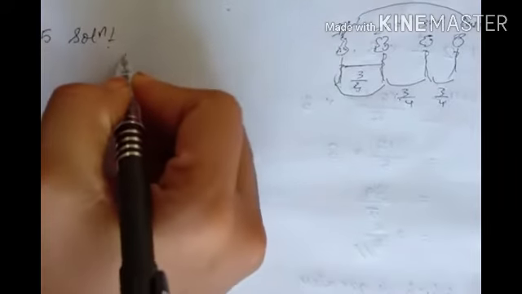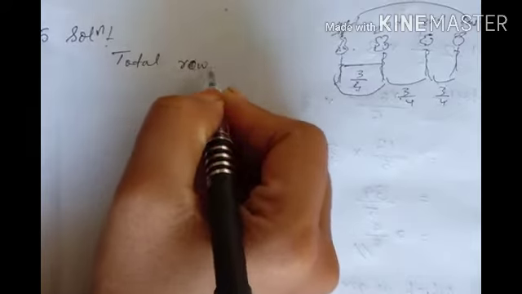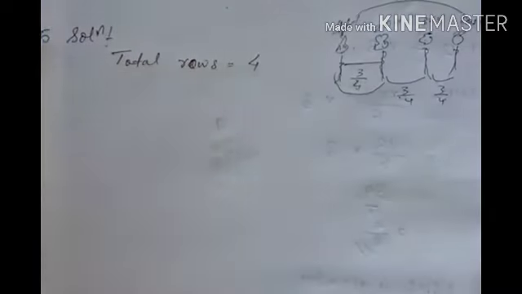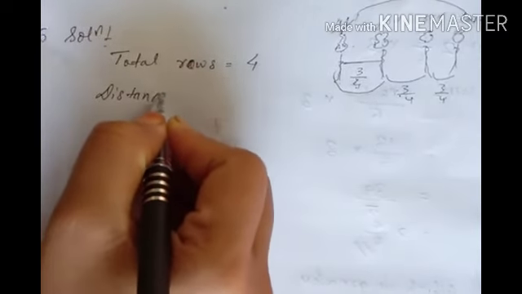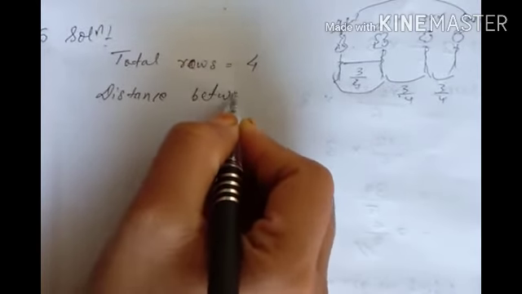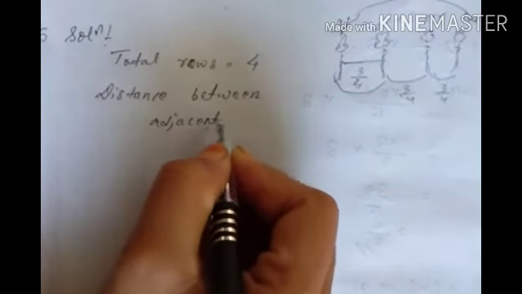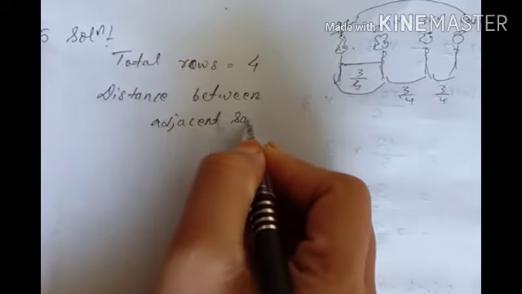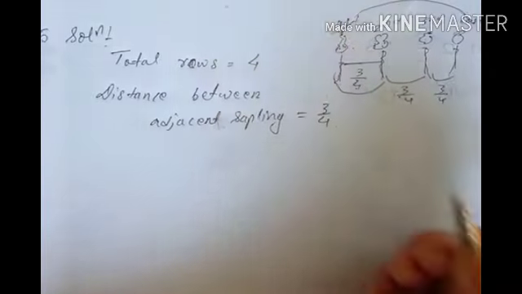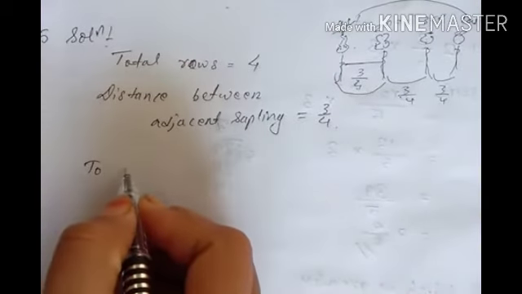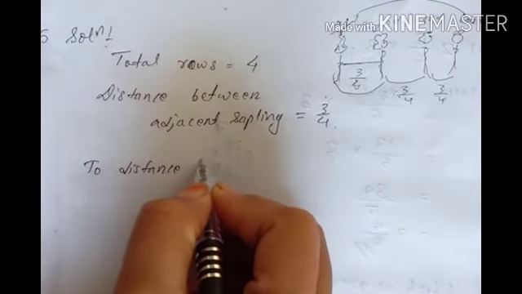So the total number of rows is given as 4, and the distance between adjacent saplings is given as 3 upon 4. Now what do we have to find?